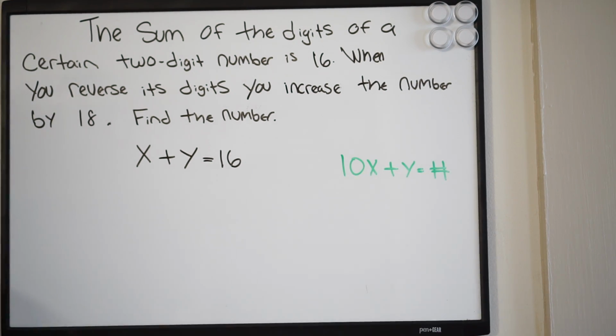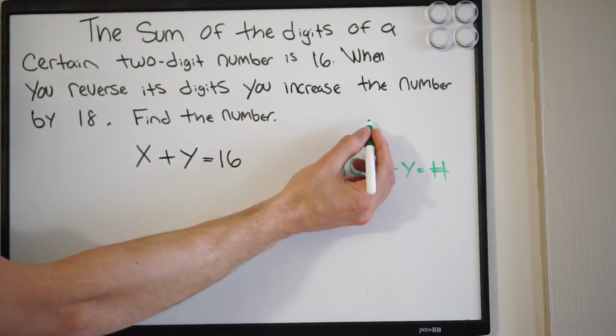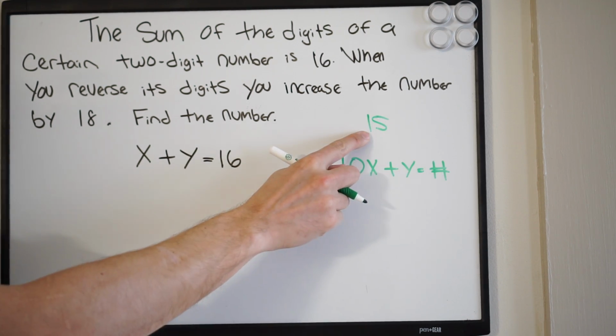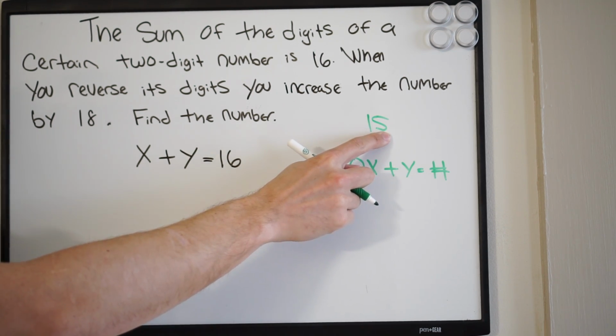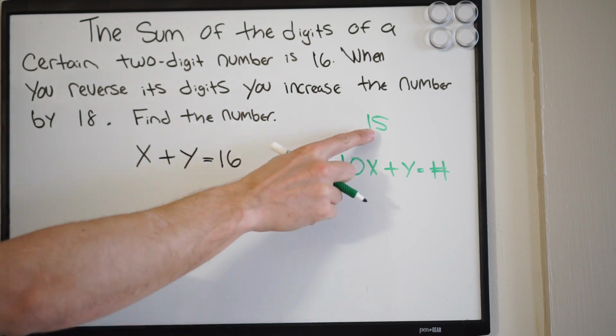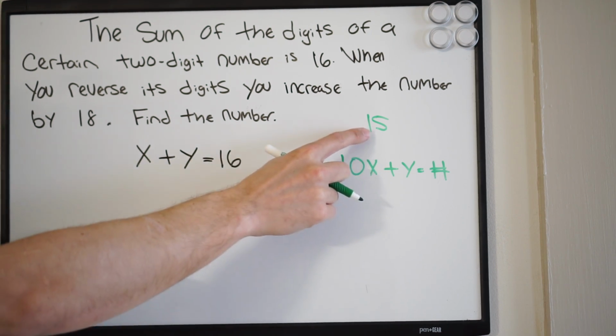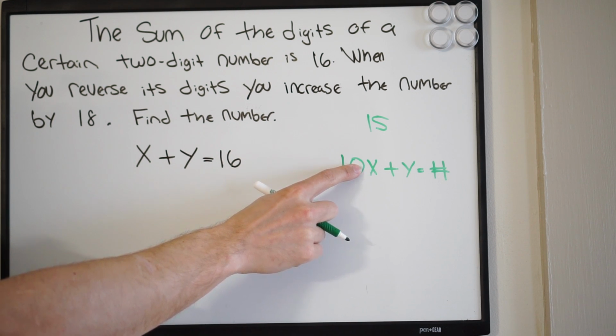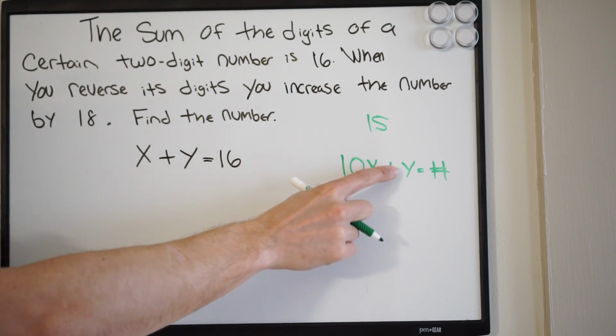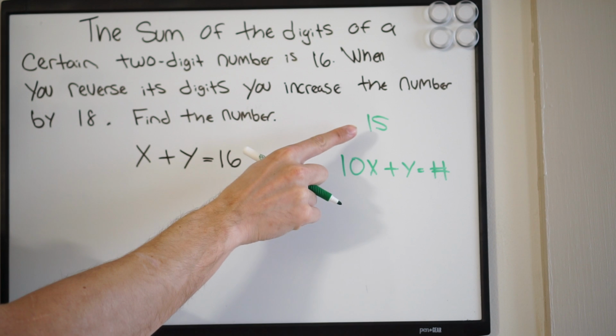Well, let's test it out. Let's just pick a random number, I don't know, 15. So here's my tens place, here's my ones place. If I plug in x as the tens place, it will be 1 times 10, which is 10, plus my ones place, which is 5, 15. Well, so that works out.